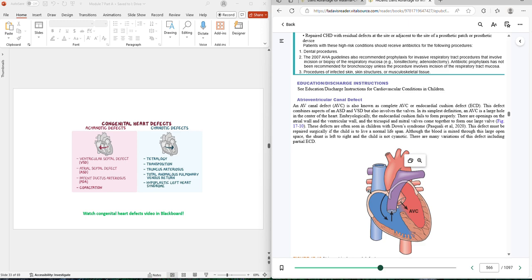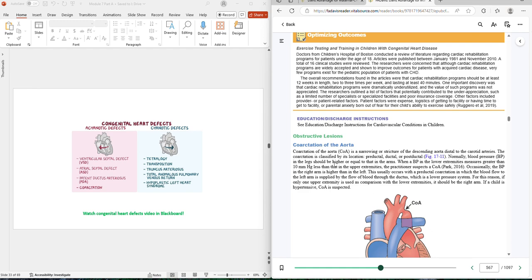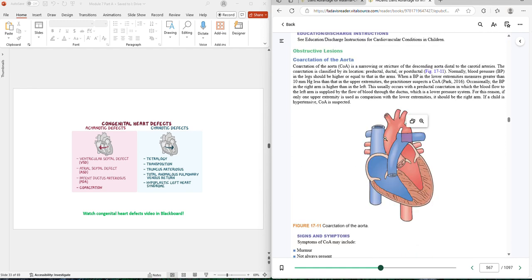Alright, so let's talk about obstructive lesions on page 567. So we have the coarctation of the aorta. Now that's a narrowing or stricture-like defect that happens right here. You can see where it's pointing, okay? And it's in the distal portion of the aorta, okay?